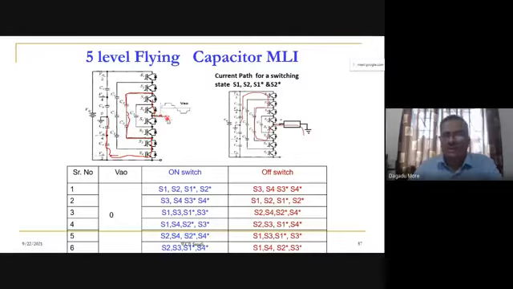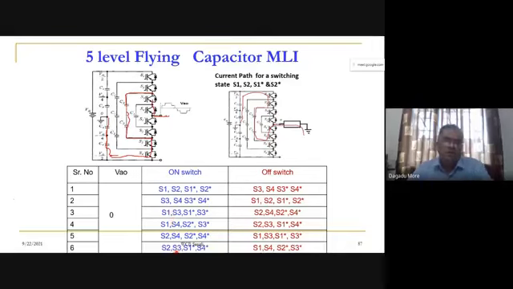The path is traced with the red line, and we have seen that again the voltages of these two capacitors named C4 and these two capacitors named C2 oppose each other, and because of that VAO will be zero. This is the case when VAO is zero.